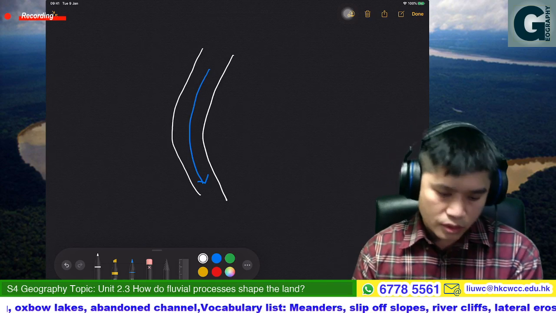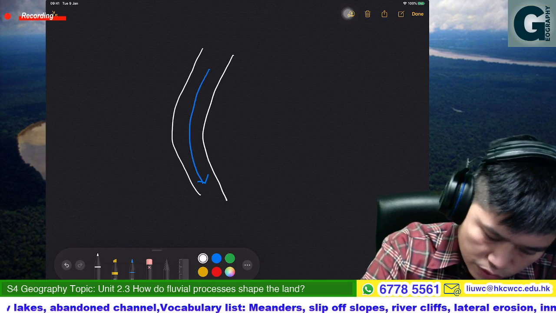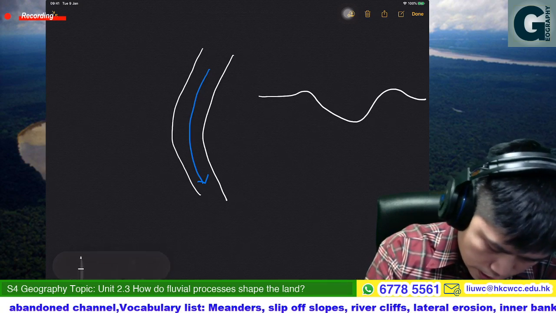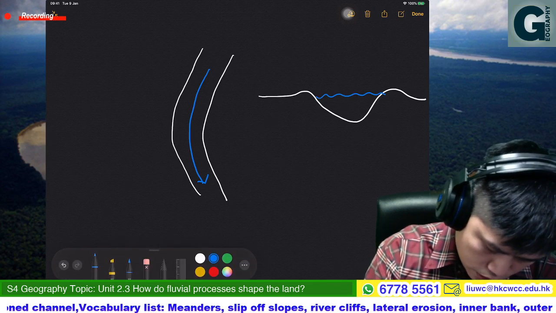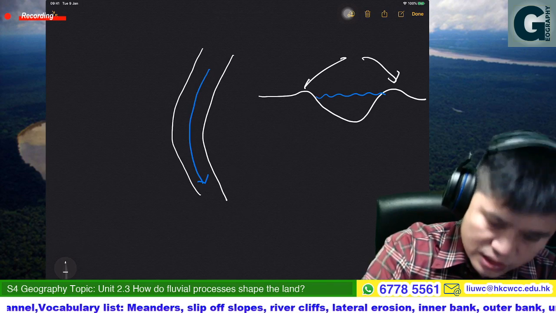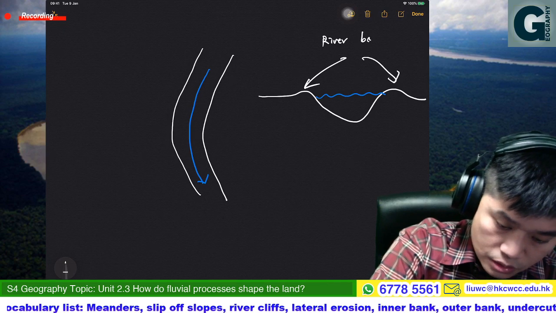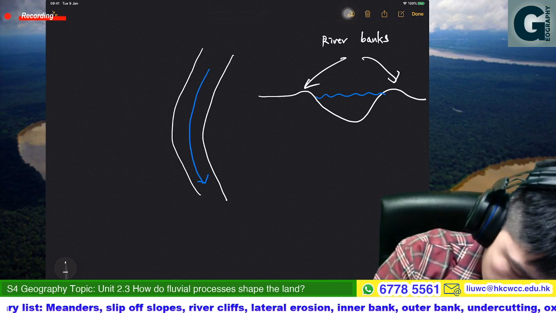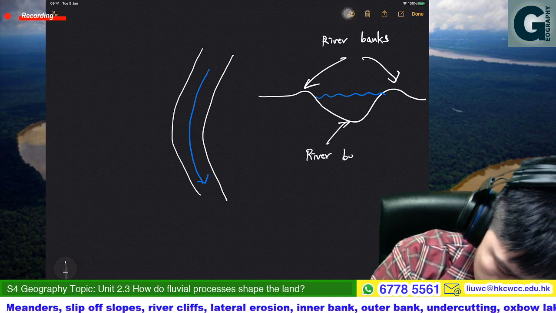If I draw the cross section of a river, we should know that on both sides, that is what we call the river banks, and at the bottom here, that would be the river bed.